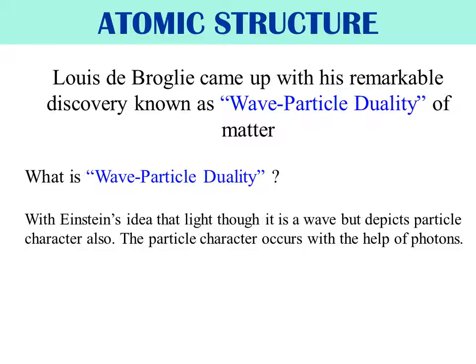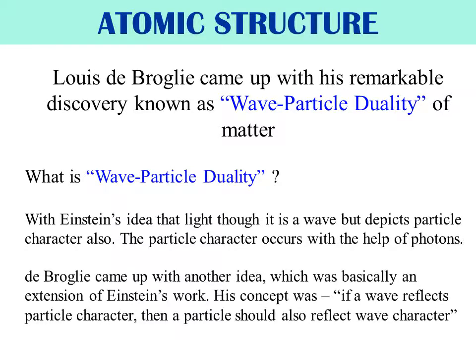Suddenly, de Broglie came up with his own idea, an extension of Einstein's work: if a wave can depict particle character, then a particle will also depict wave character. Now this idea was totally rejected, and he was cornered by everyone.